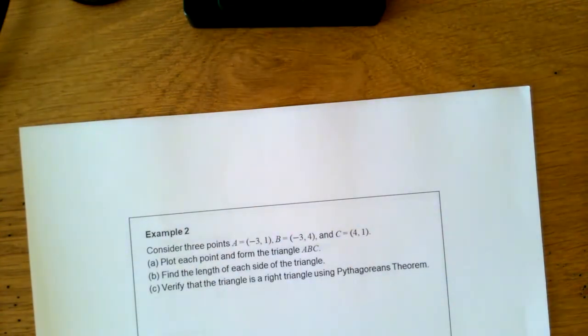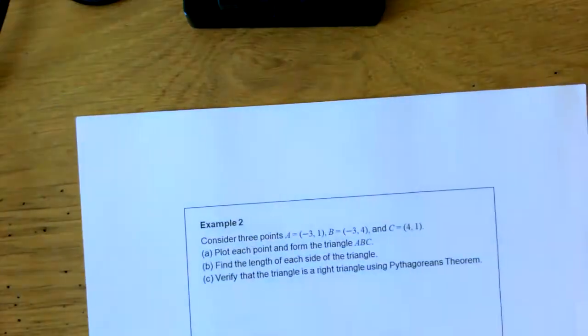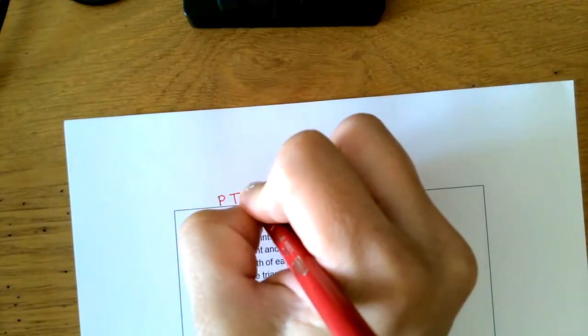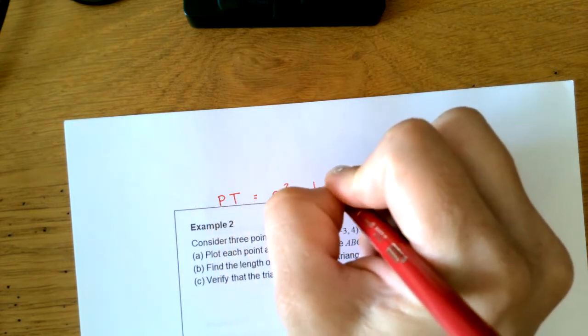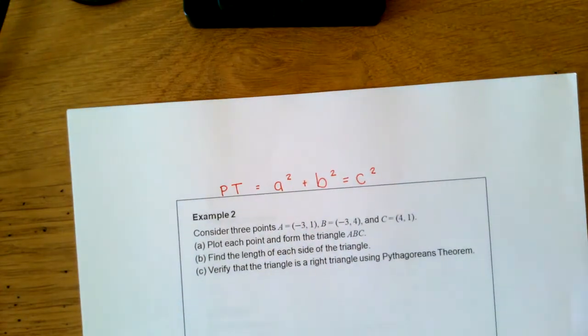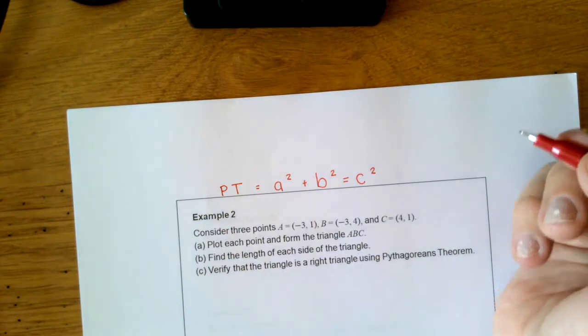All right, next we have a triangle, and we have the use of the Pythagorean theorem. The Pythagorean theorem says a squared plus b squared equals c squared, okay, when these are each parts or sides of a triangle.